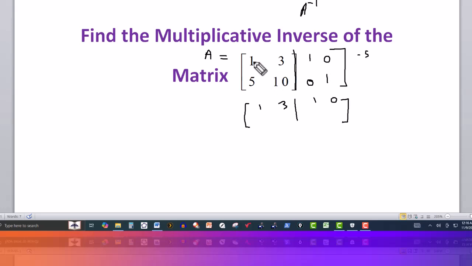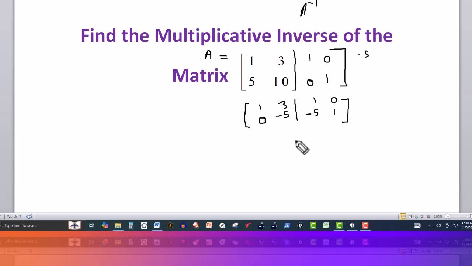Negative 5 times 1 is negative 5 added to 5 is 0. Negative 5 times 3 is negative 15 added to 10 is negative 5. Negative 5 times 1 is negative 5, added to 0 is still negative 5. So all we're doing is multiplying the first row by negative 5 and adding those products to the second row, corresponding elements. Negative 5 times 0 is 0, added to 1 is still 1.